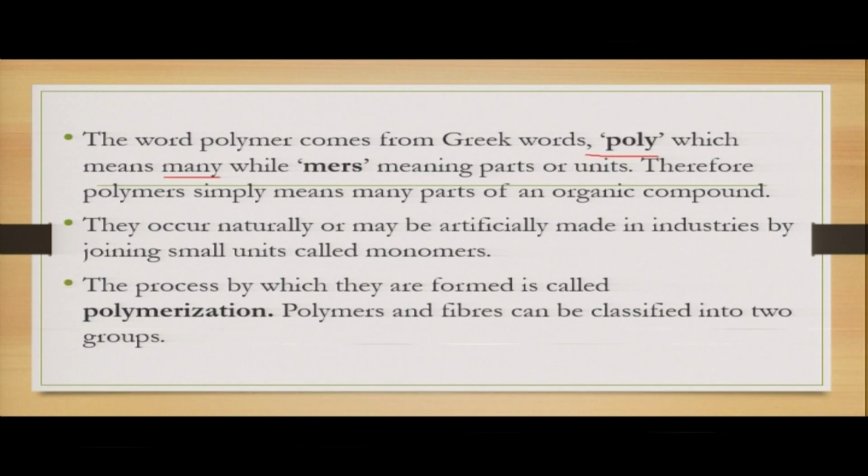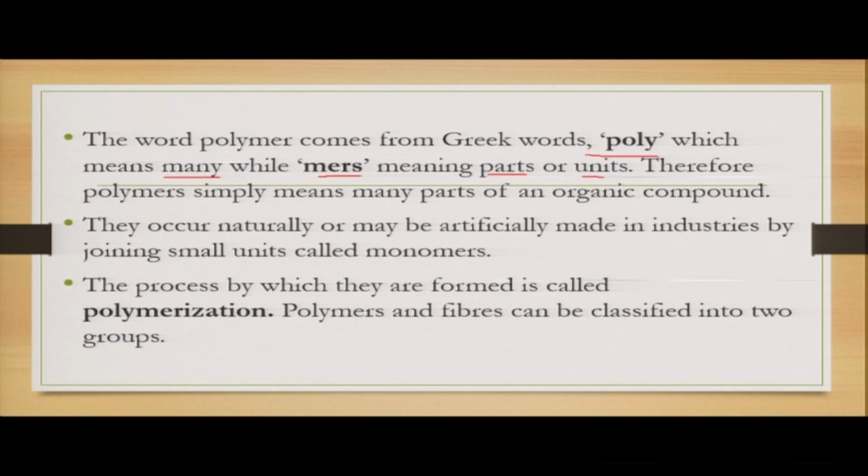So it is a Greek word that is made up of two words, while meros means parts or single units. That is where the word polymer comes from. Therefore, polymer simply means many parts of organic compound.